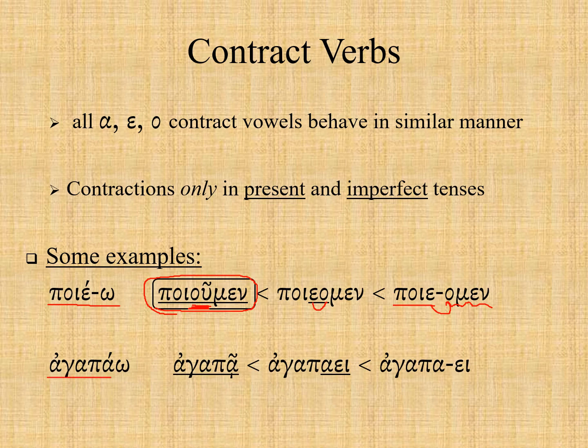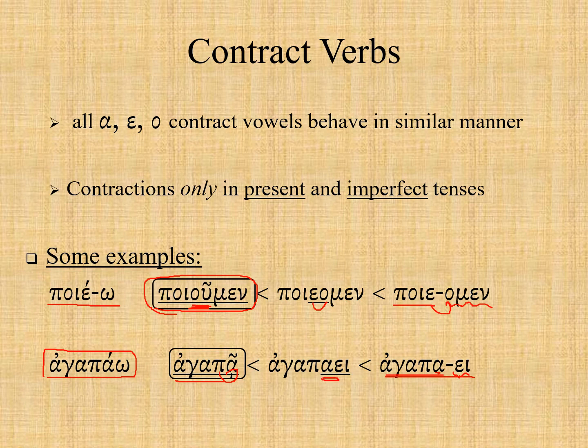Similarly, we have the verb agapao, and we have agapa with the iota subscript. If we work our way back from the third person singular agapa, which is the stem with the personal ending, the collision is alpha and epsilon.